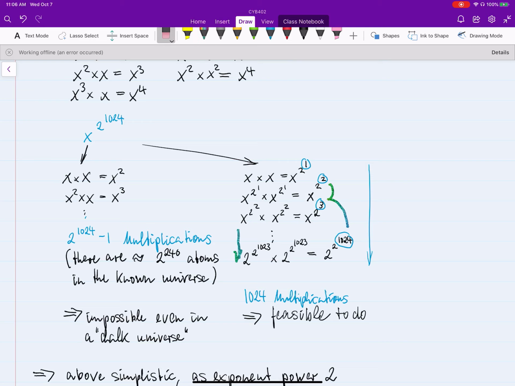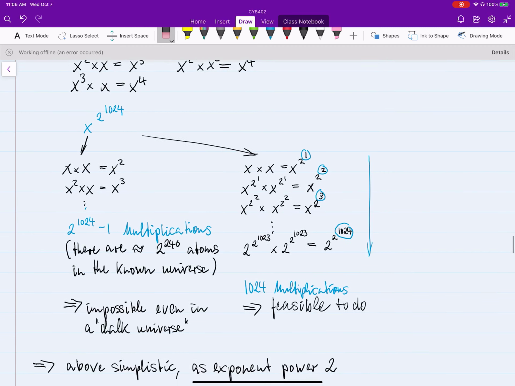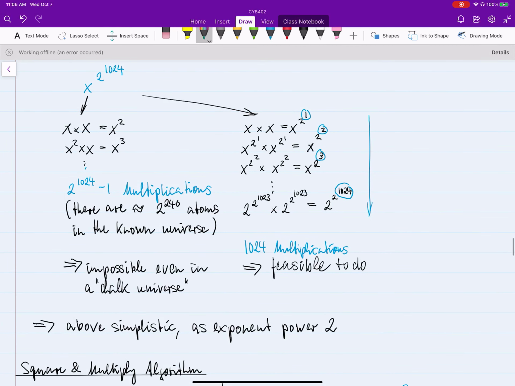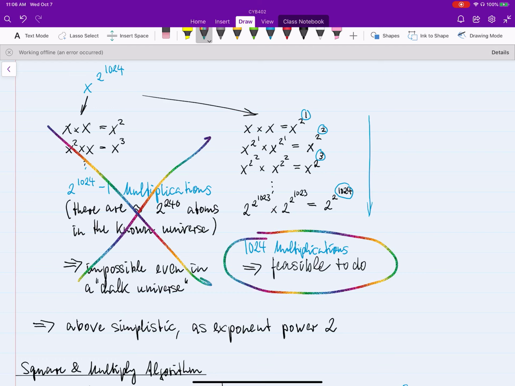In turn, that means that we have only 1024 multiplications, which is so much less than having 2 to the 1000 multiplications, essentially. So while this part is not feasible at all, this part is quite doable.